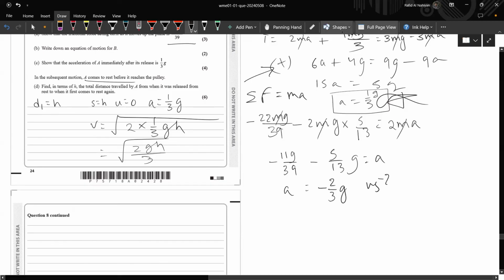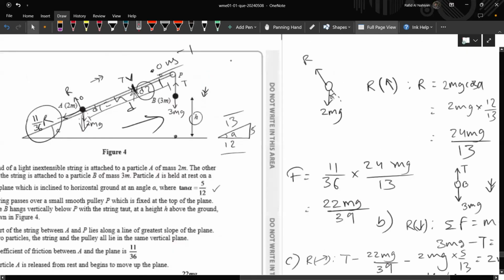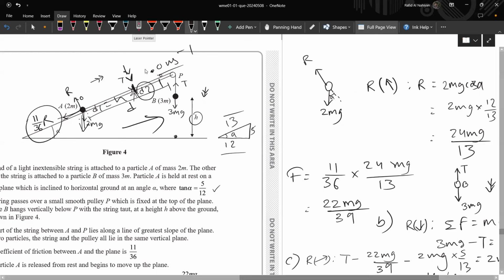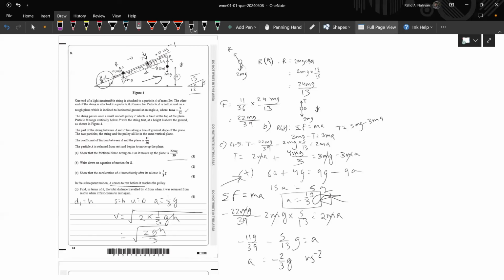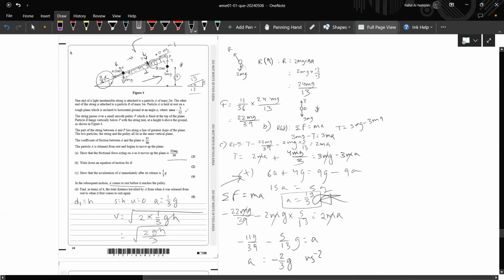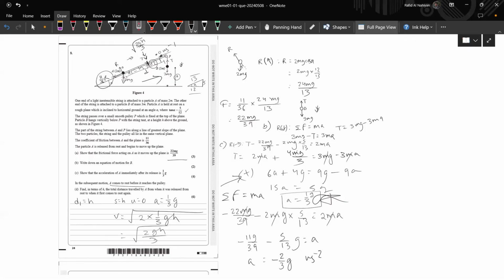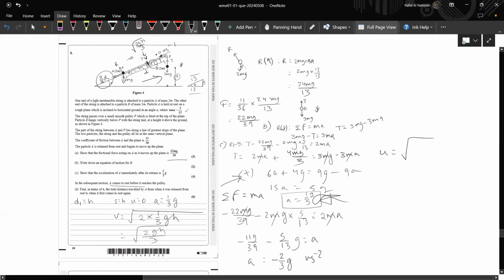Okay, and now what I can do is, I know that at this point right here, this is where the string goes slack, right? So here the velocity was root 2gh by 3. And here, just before reaching the pulley, it comes to rest, which means the velocity is 0. So I know that the initial is root 2gh by 3 and the final is 0.